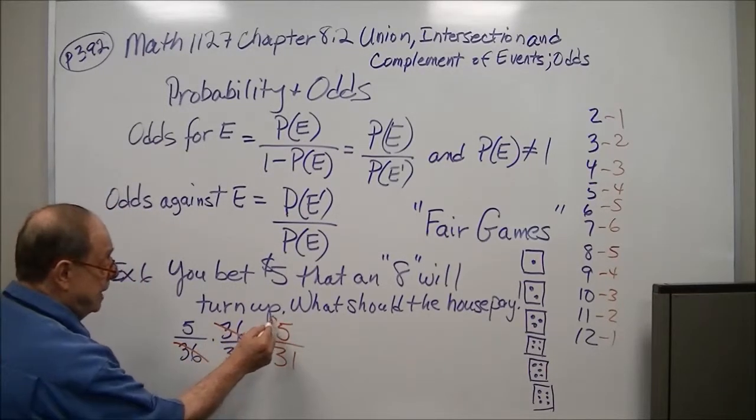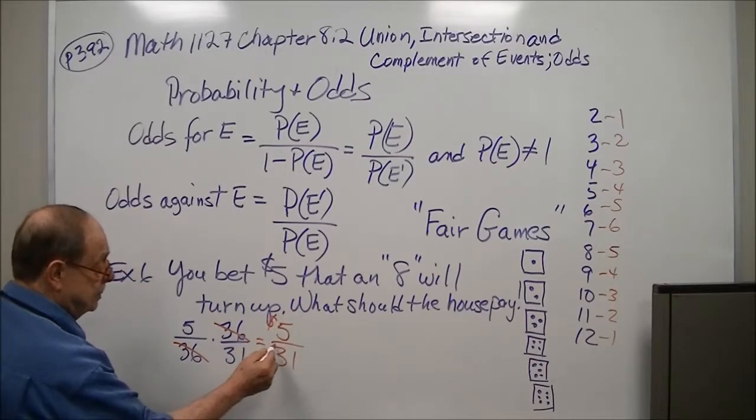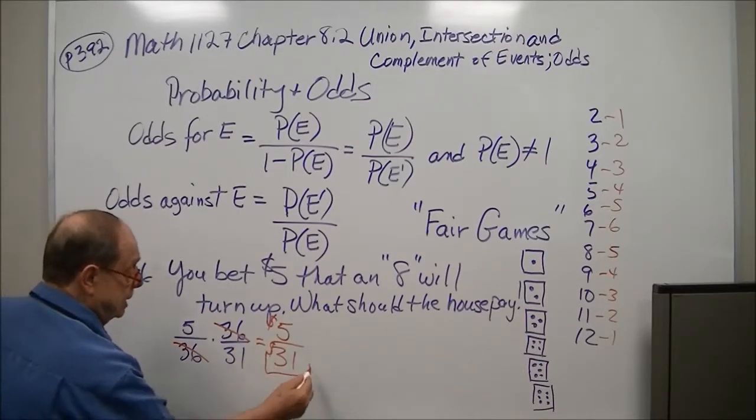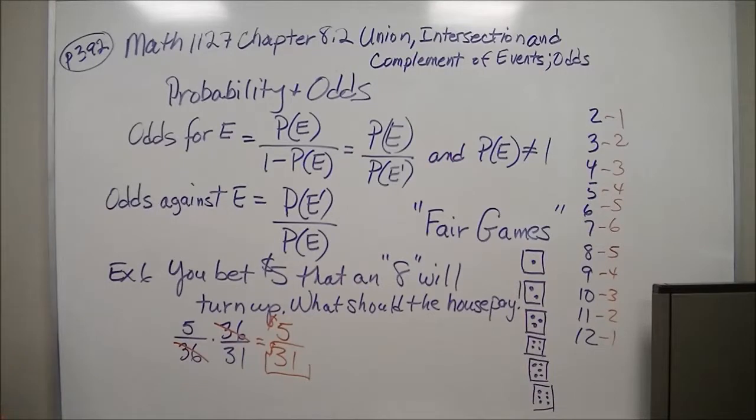So if you pay 5, the house should pay 31. And that's where that 31 comes from. And again, you're going to do practice and quiz me's, and again, you have to understand the process of what's going on.